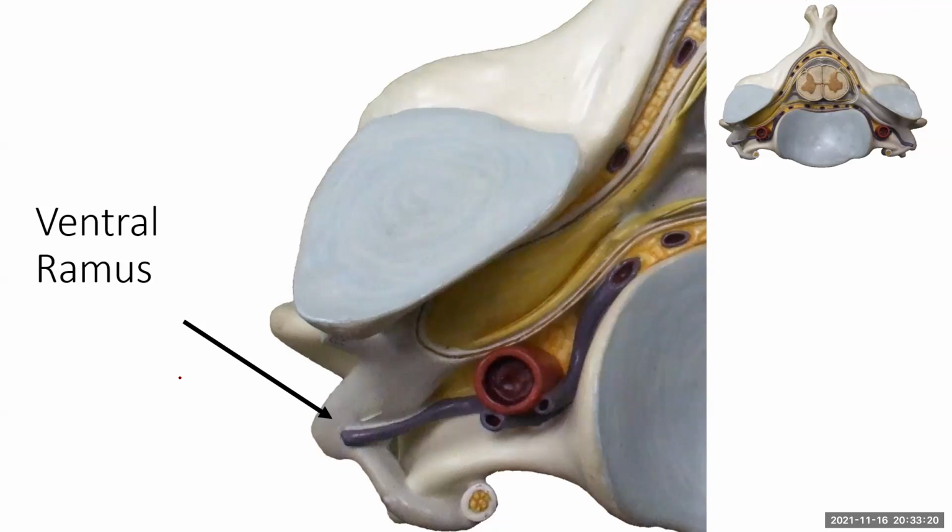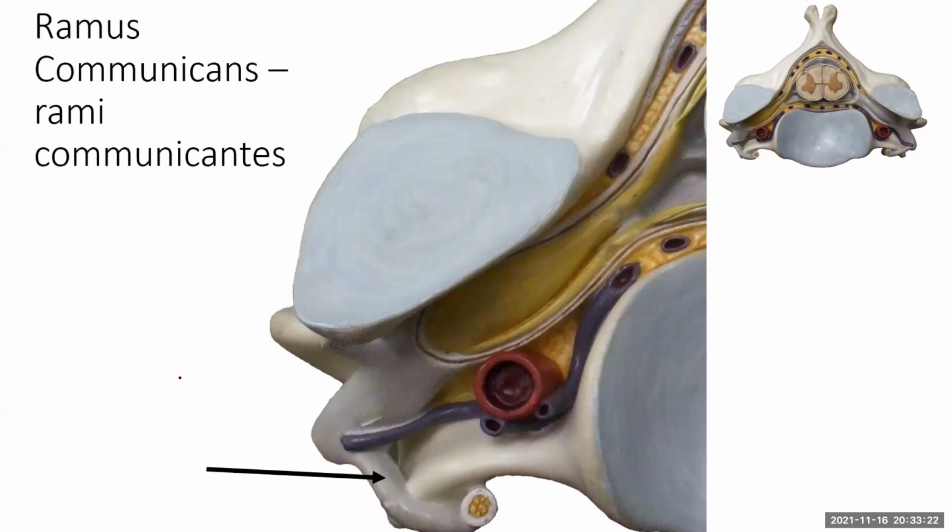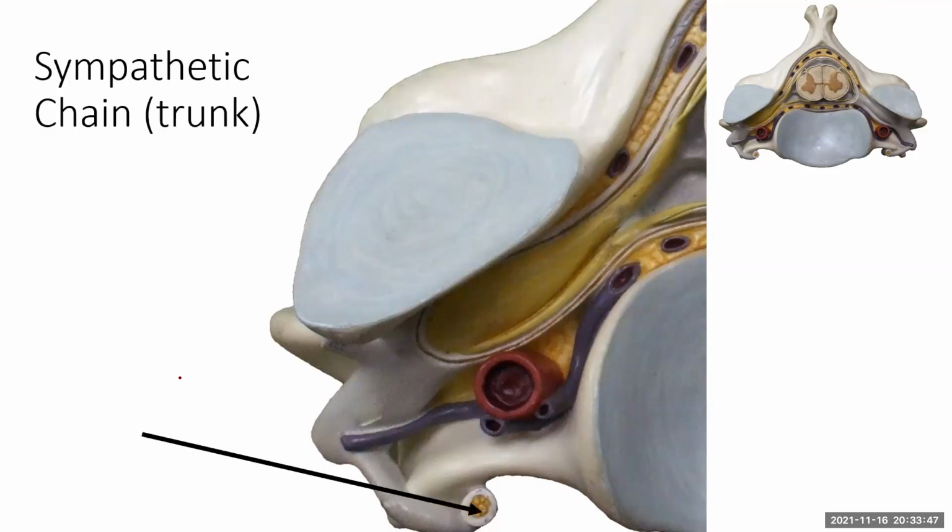The spinal nerve also gives two branches that come off anteriorly. Remember the rami communicantes, or you can call them the ramus communicans. There's two of them, and they connect the sympathetic trunk to the spinal nerve. Obviously, if it's white, it's myelinated, so we call that the white rami communicantes. You won't be able to tell the difference on the test, which is which.